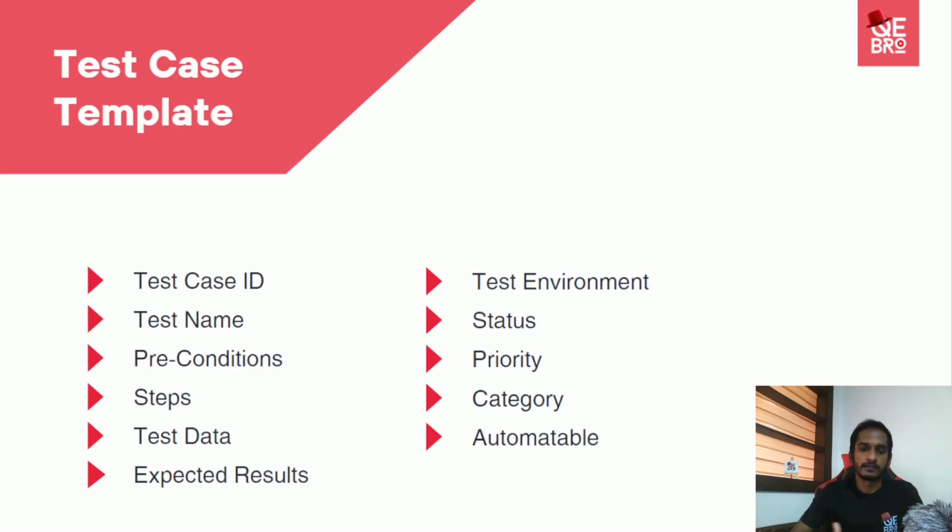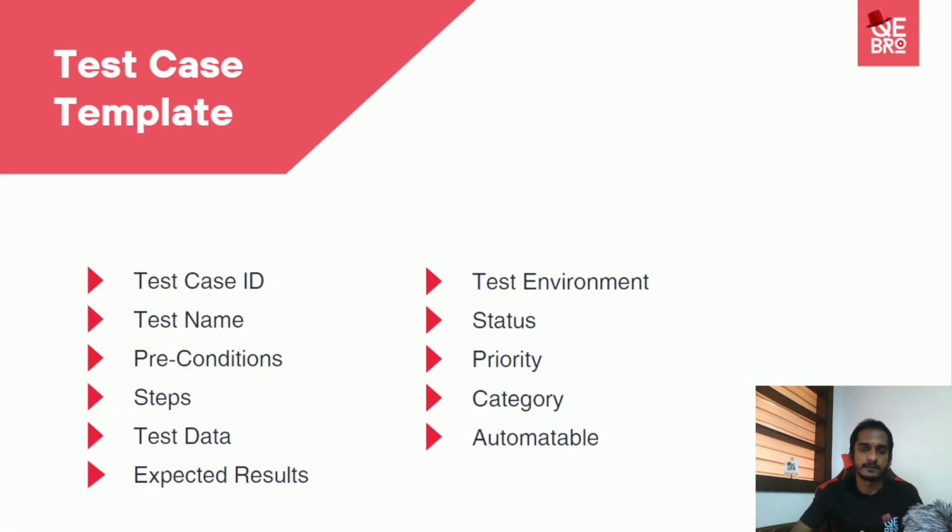And also, if you don't have a test case management system at your organization or workplace, and you are using some manual documentation like an Excel sheet, then make sure that you have these attributes as the columns in your Excel sheet. Then it will be easy to maintain the consistency and to have the most important attributes for your test case to make it a proper test case. So as for anything we do, to uniquely identify, first we need to have a unique ID.